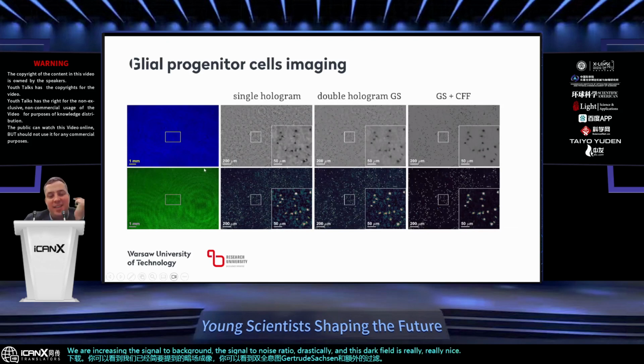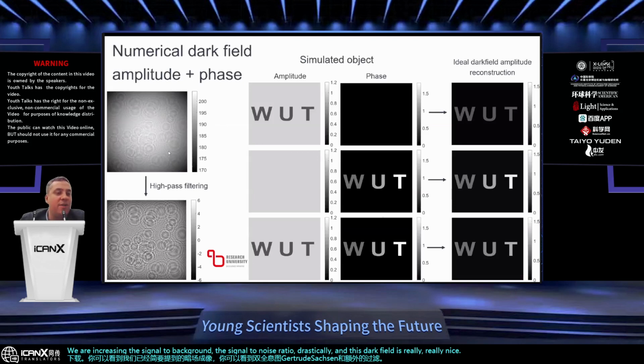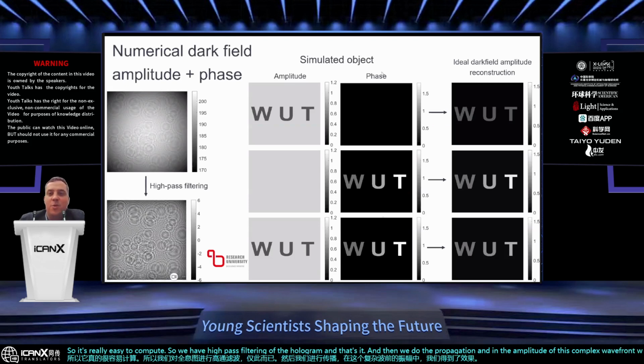It's really easy to compute. We have high pass filtering of the hologram, and that's it. Then we do the propagation, and in the amplitude of this complex wavefront, we have dark field imaging. What's also nice is that the signal is amplified. What do I mean by amplified? If we think about amplitude, pure phase, and mixed amplitude and phase objects, in dark field we still have some information.